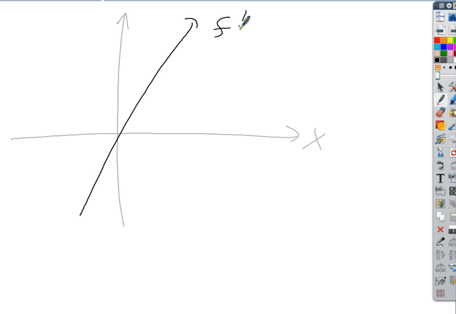This is saying that the derivative function is smoothly going from negative to 0 to positive, right? So isn't that just going to look like that? The derivative is becoming less negative, becoming 0, then becoming more positive.